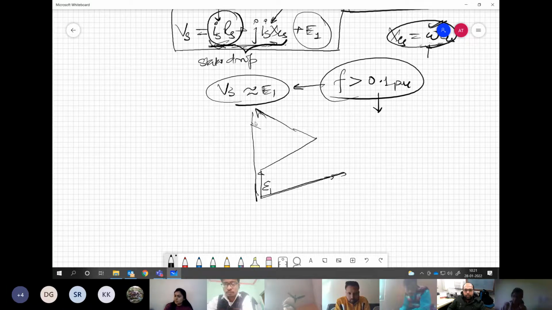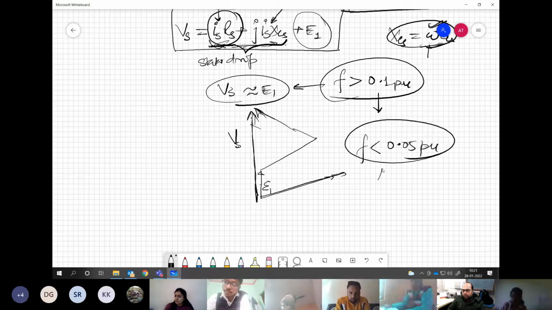So this could be the difference, something like what I have drawn here between Vs and E1. And this is for any frequency, let us say less than say 5% of the rated value.